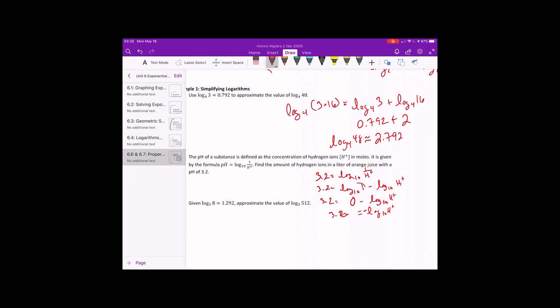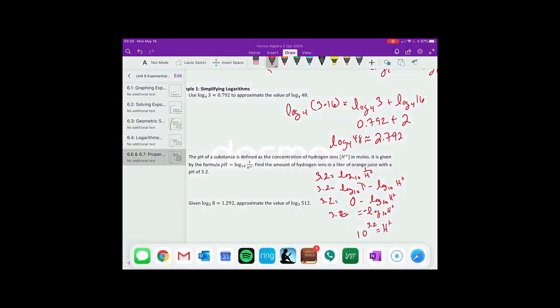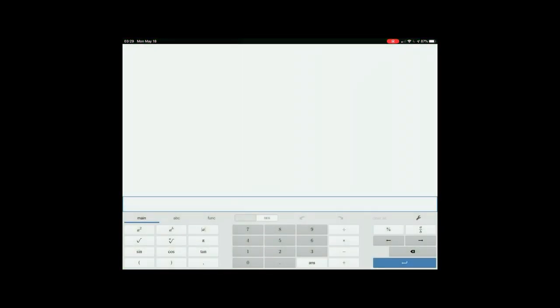And so the question becomes, right, remember that logs are exponentials, right? So we could rewrite this as 10 to the 3.2 is equal to h positive, right? And so what is 10 to the 3.2? Well, you break out your calculator. And 10 to the 3.2 is 1,584.89.